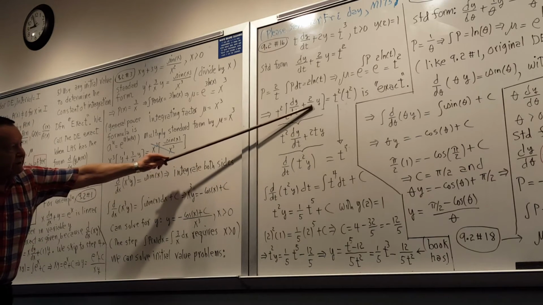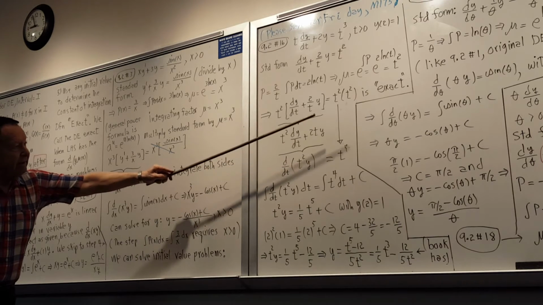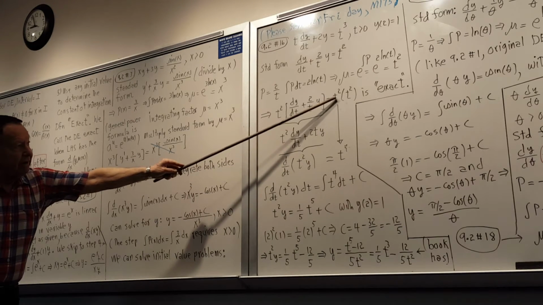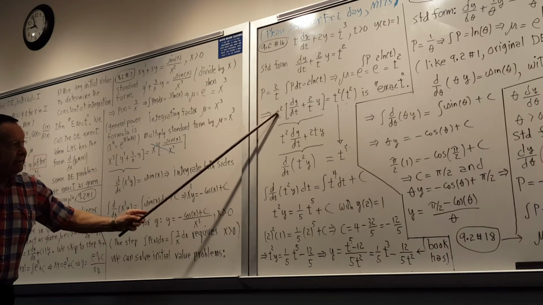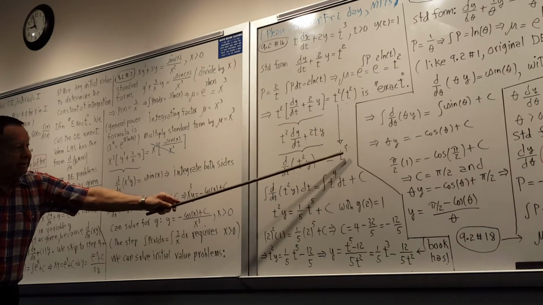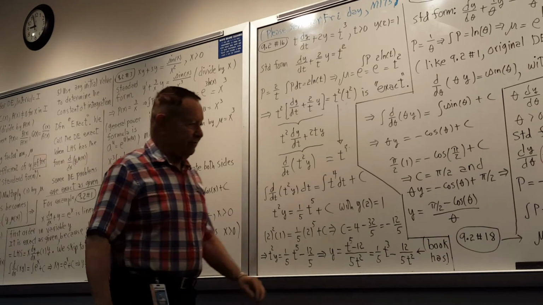So this left side is the derivative of t squared y, and the right side, when you multiply the original t squared by the integrating factor t squared, is t to the 4th.